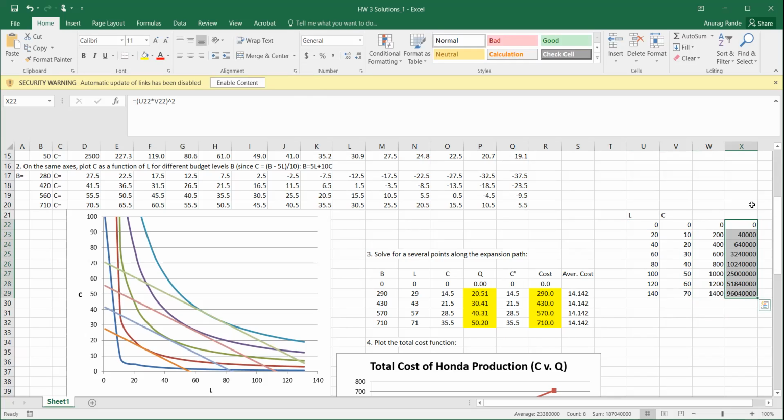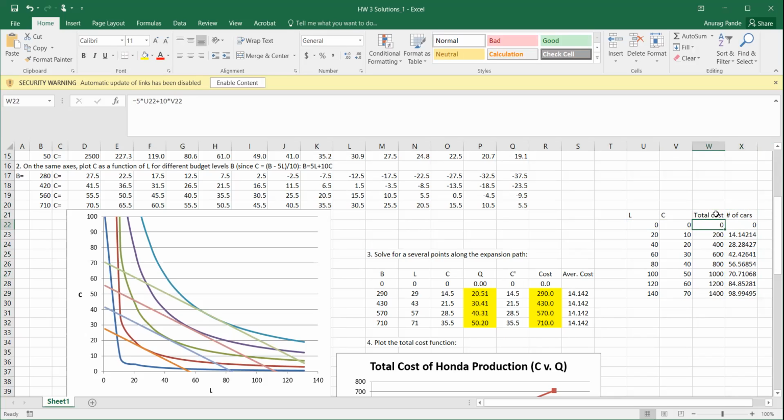Now, if you were to chart, oops, did I? Oh no, not 2. I'm sorry. It should be 0. So you could see that I could then create, this is my total cost of manufacturing the cars, and this is the number of cars.